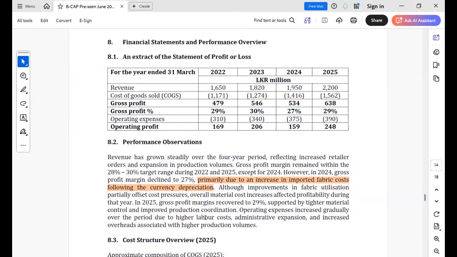And also the higher labor cost. So you must have your HR budget, your labor budget. Based on the labor budget, you can quantify the budgeted salary figure, and a target for salary and overtime. None of these are available in this company.